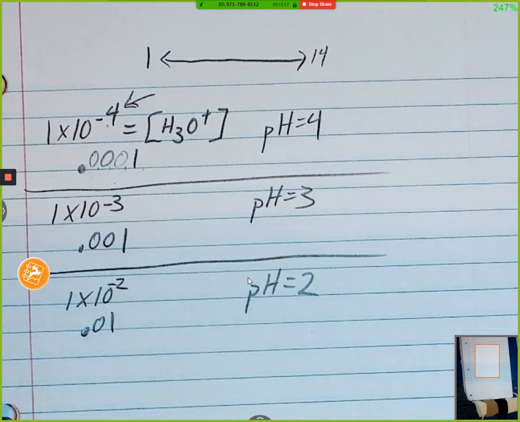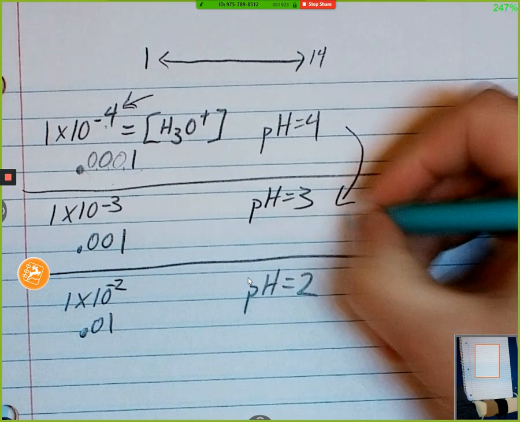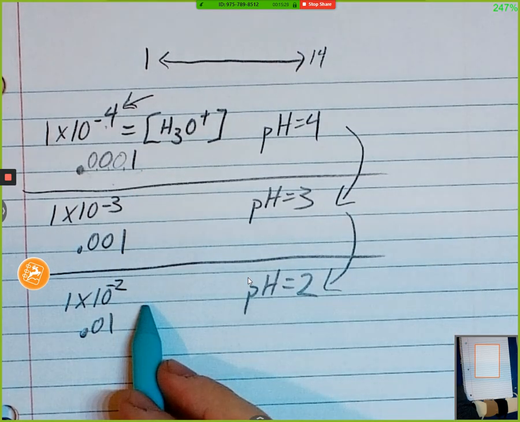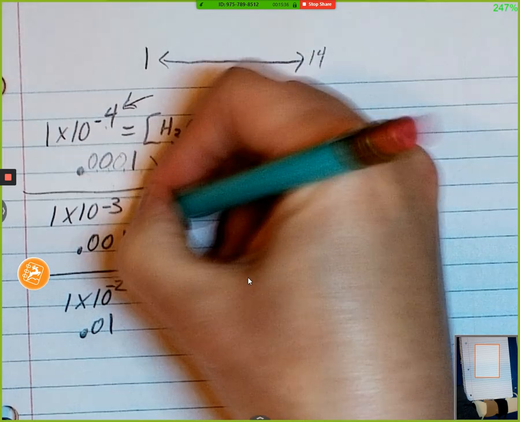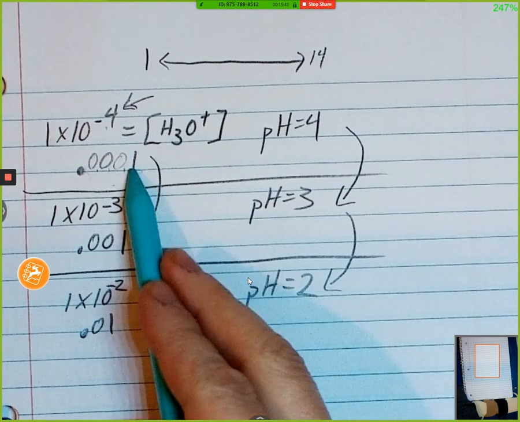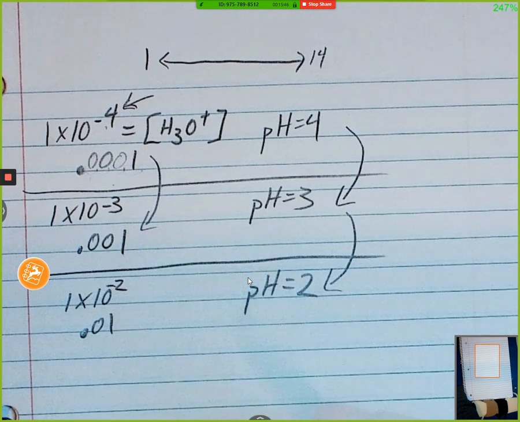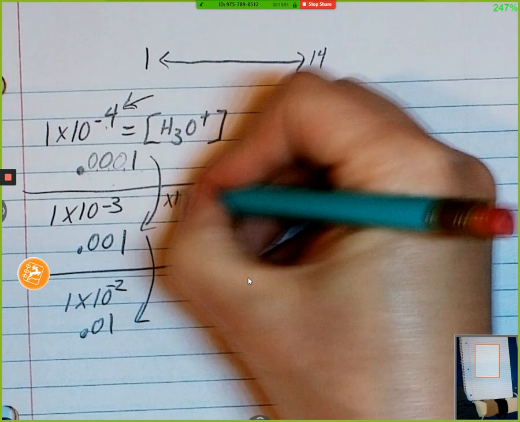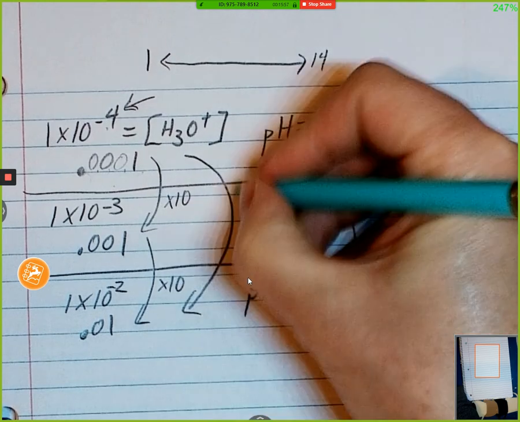I want you to notice that as the pH scale changes by a factor of 1, the concentration is actually changing by a factor of 10. Meaning that as I go from here to here, this is 10 times more concentrated than this is. This one here is 10 times more concentrated than this one. And if I look at a jump all the way from here down to this one down here, it's 100 times stronger.